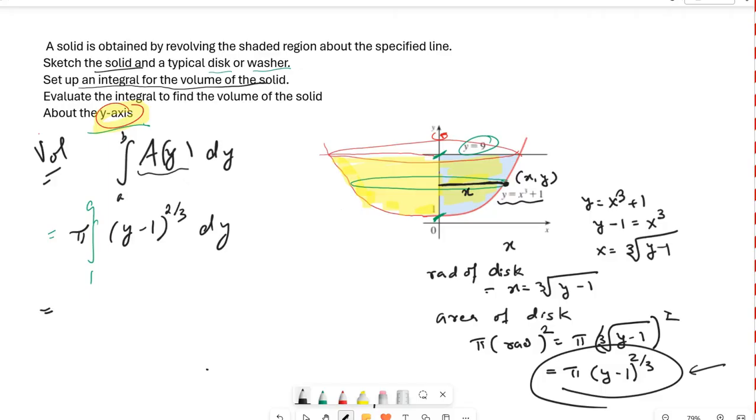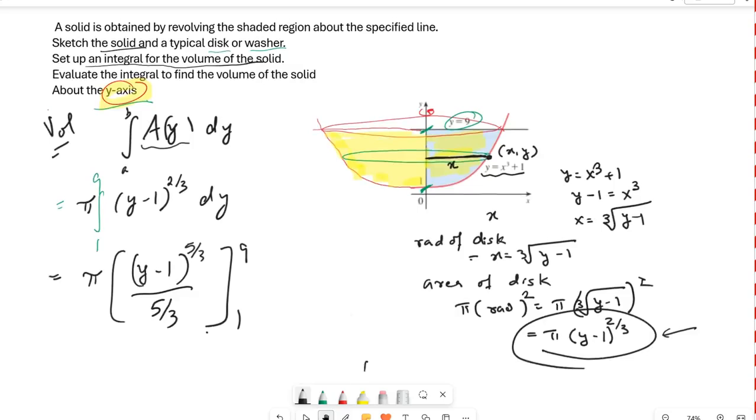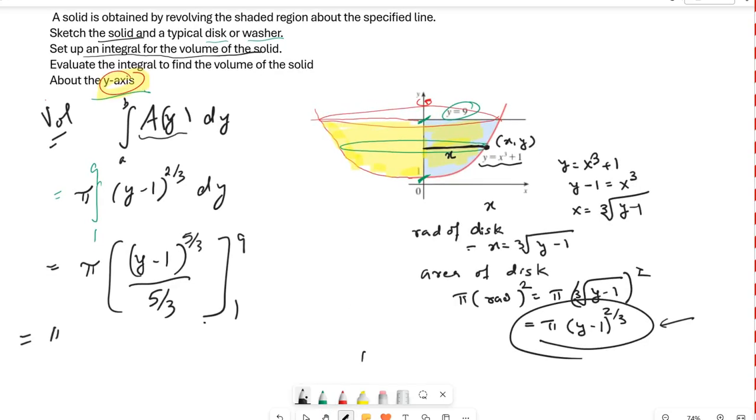Okay, so what is the integral of this? Pi comes out. This can be done using the simple power rule because the coefficient of y is 1. 2/3 plus 1 is 5/3, divided by 5/3, from 1 to 9. Pi is outside.